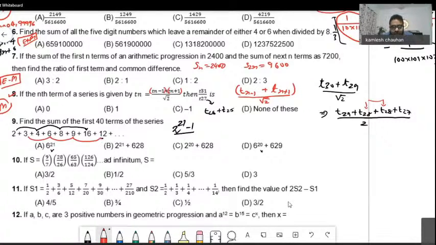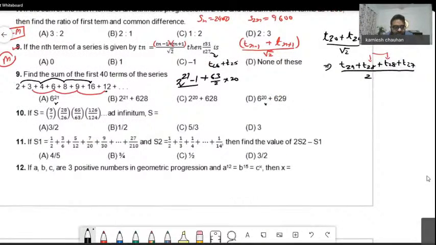White वाला का sum 3 9 4 24 है, that is something which we can find. So first term is 3, last term will be 60, so 60 plus 3 63 divided by 2 into 20, उस तरह से हम लोग इसका answer निकाल लेंगे.